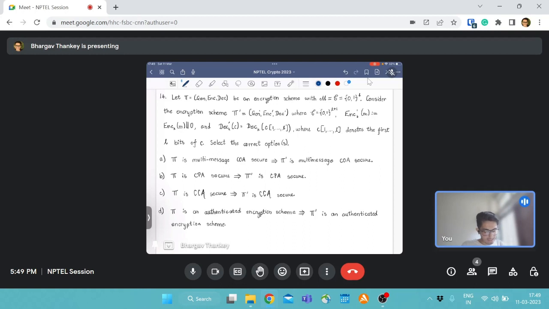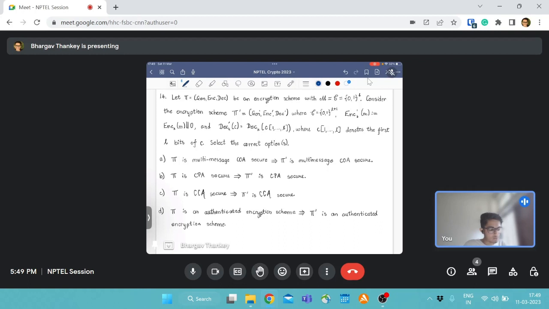Let Π = (Gen, Enc, Dec) be an encryption scheme with message space and ciphertext space both being {0,1}^n. Now consider the encryption scheme Π' = (Gen', Enc', Dec'), where the ciphertext space is now {0,1}^(l+1).